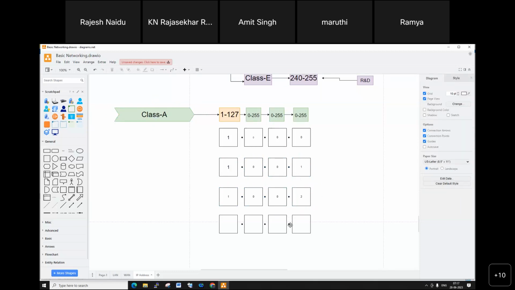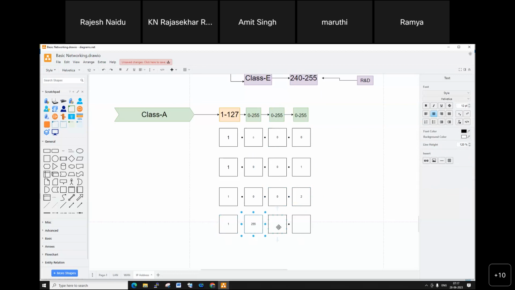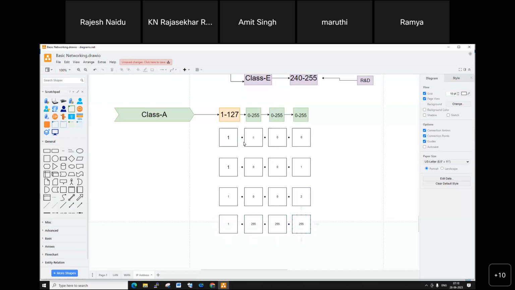Like this, it will go up to 1.255.255.255. So we can generate this many IP addresses in only one network. Like that, how many networks are available in class A? Total 127 networks are available.